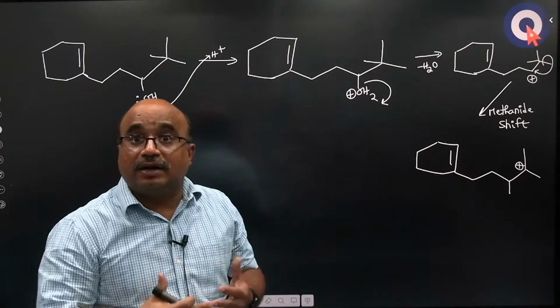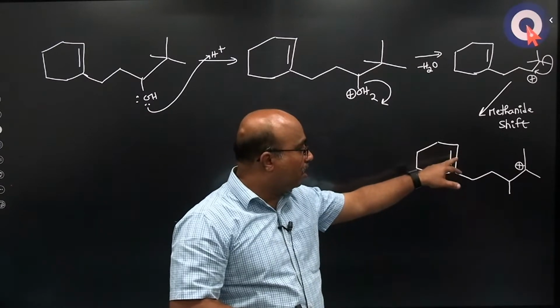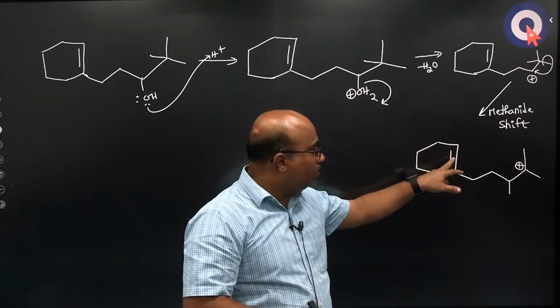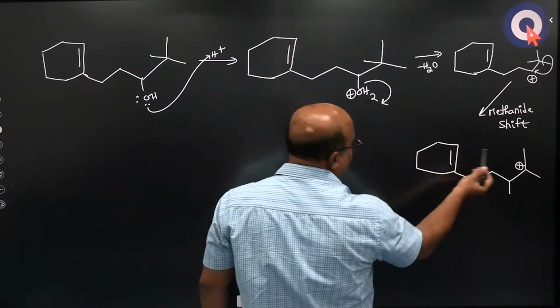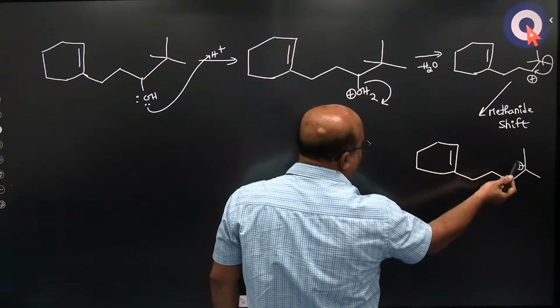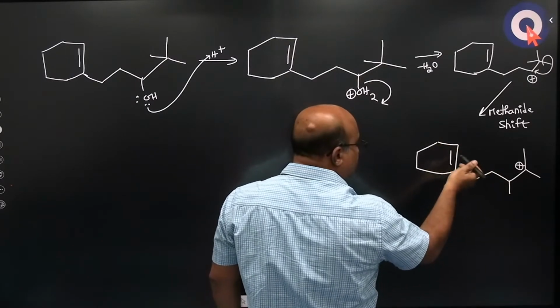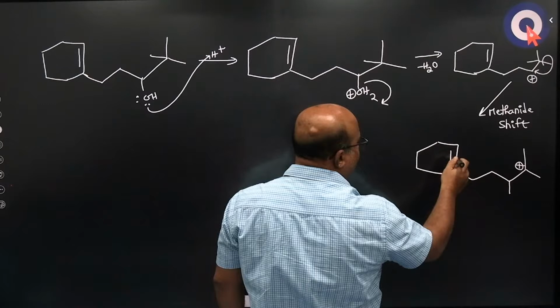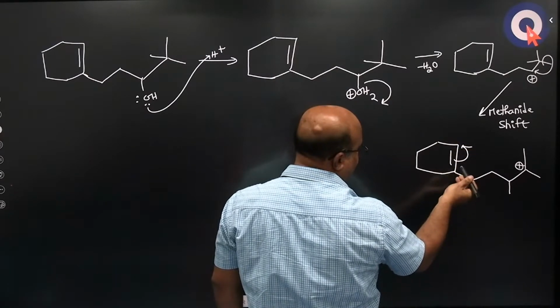But there is an internal nucleophile, that is an alkene or a double bonded carbon. So this carbon is acting like a nucleophile, with an already internal electrophilic, positively charged carbon, this pi bond will shift. So when it is shifting, generally it shifts towards this carbon, because the positive charge here is better.